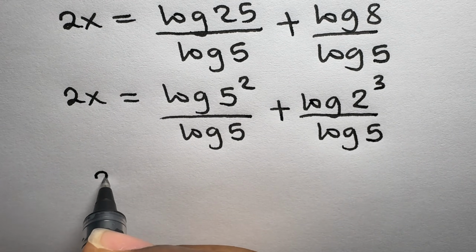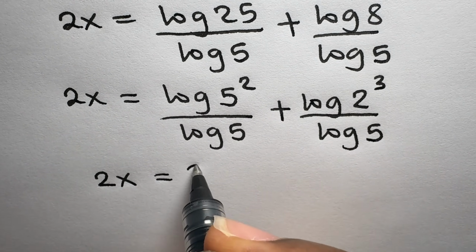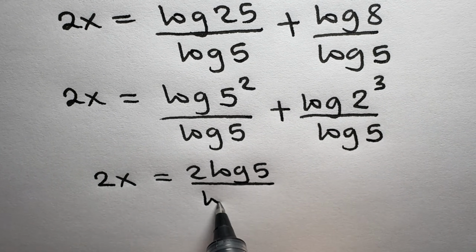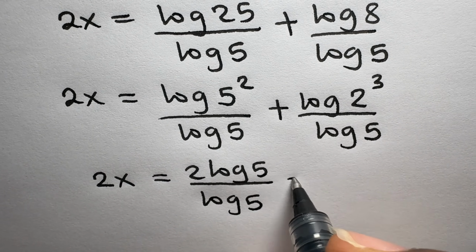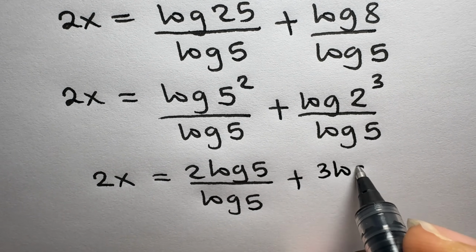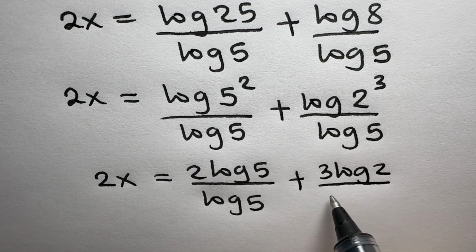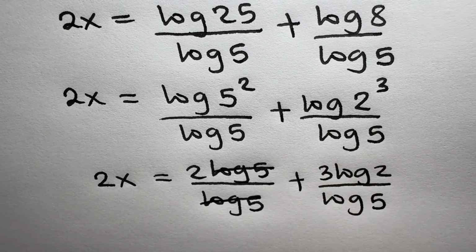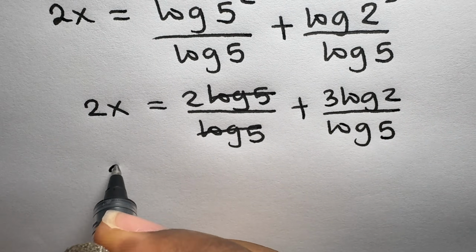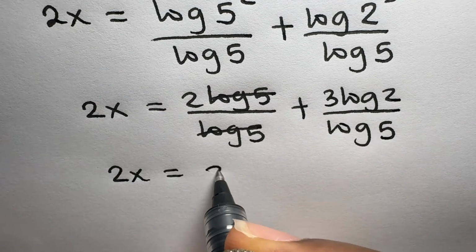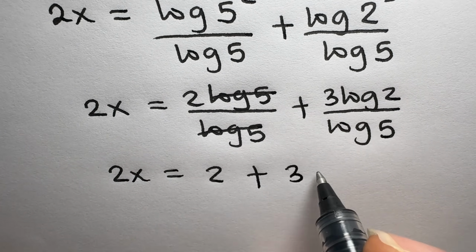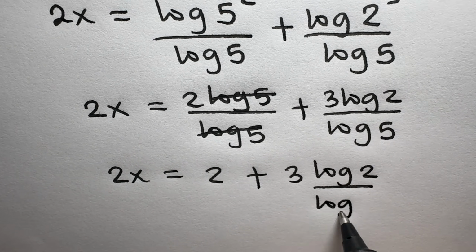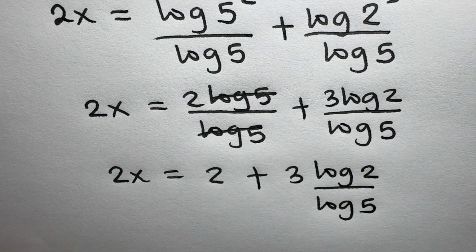We can now express this as 2x is equal to 2 log 5 divided by log 5 plus 3 log 2 divided by log 5. Log 5 cancels log 5. Then we have 2x is equal to 2 plus 3 times log 2 divided by log 5.